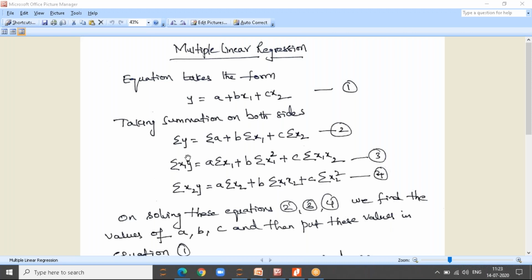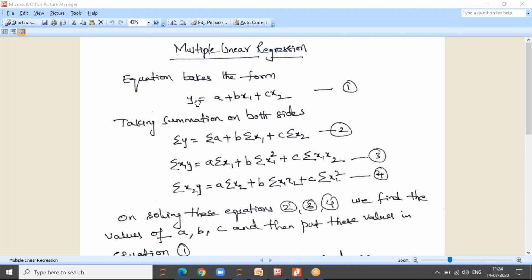In the same manner, I need to do x1 with y. Why should I do this? Because my multiple linear regression is taking the form of x1 and x2, so I need to multiply. I need to derive these x1 and x2, and find the coefficients like m1 and m2, in my case b and c. In order to find b and c, I need to make use of the input variable x1.